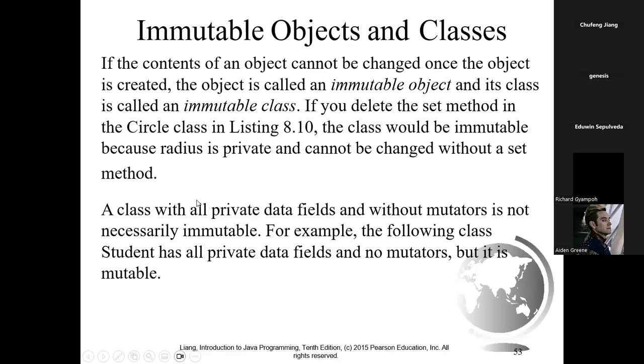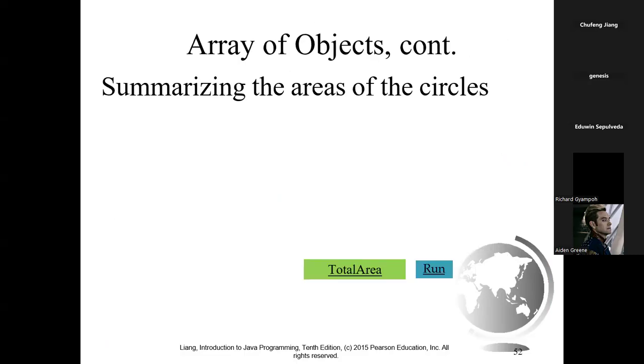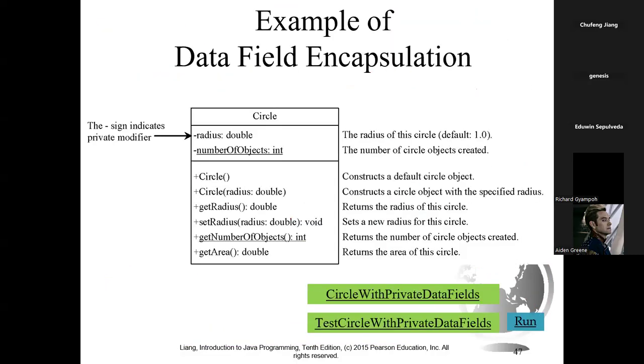If we delete the set method in the circle class, which is referring to this one, the set method, then it will become an immutable class because the only things we can do are, here we initialize the circle and then we get the radius, we get the number of objects and we get the area, but we cannot change it, right?